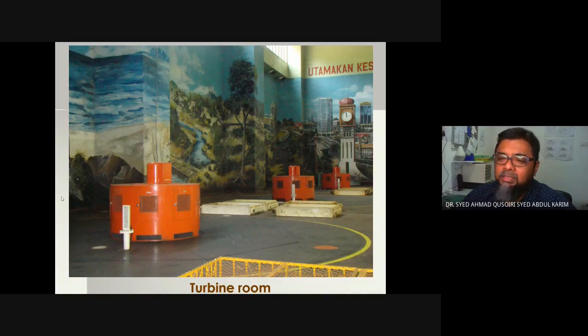An advantage of a hydroelectric power plant is that the technology is so basic that it can be used for decades, even 100 years, if it is well maintained.